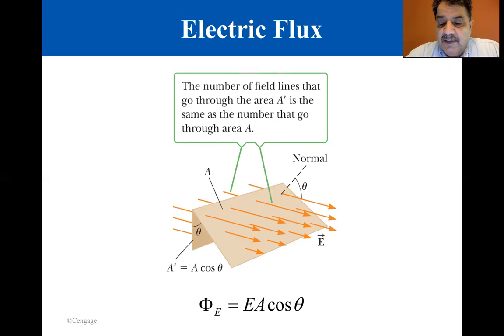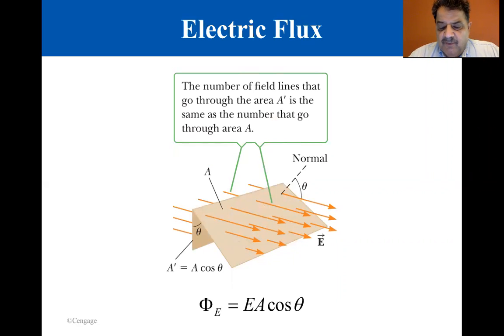The number of lines that cross this area is equal to the number that cross the projected area A prime, which is perpendicular to the field. That is when theta equals 0. And the flux is 0 when the surface is parallel to the field, when theta equals 90.